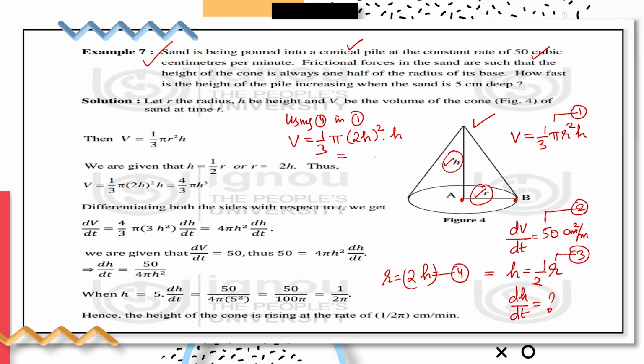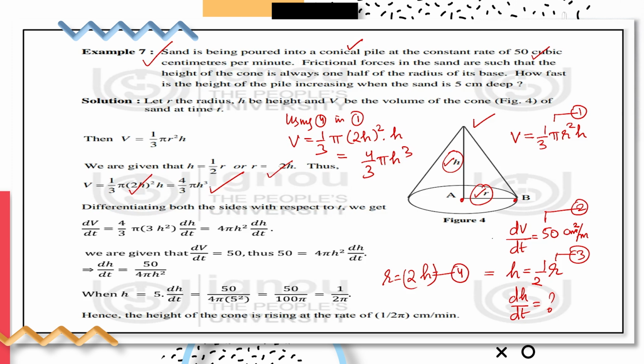That will turn out to be 4/3 pi h cube. So we replaced r is equal to 2h in this equation, and we got volume is equal to 4/3 pi h cube.